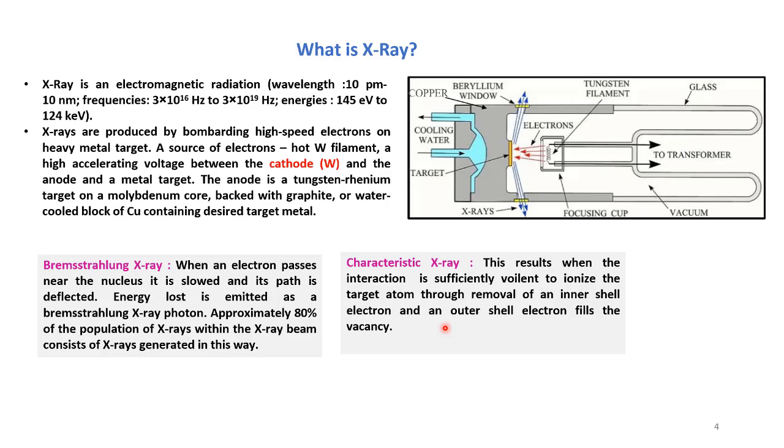After the electron is knocked off from the shell, the outer shell electron fills its vacancy and dissipates a certain kind of energy, and that X-ray which results from this interaction is the characteristic X-ray. For a particular element it is different, so it is very specific. That's why it is very important when we want to characterize the type of material or the element which is present in our sample.